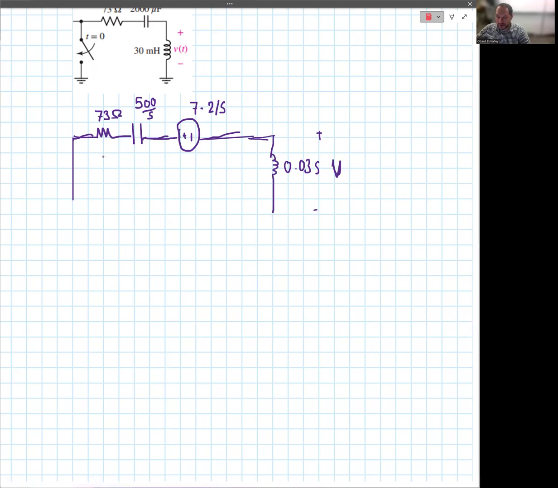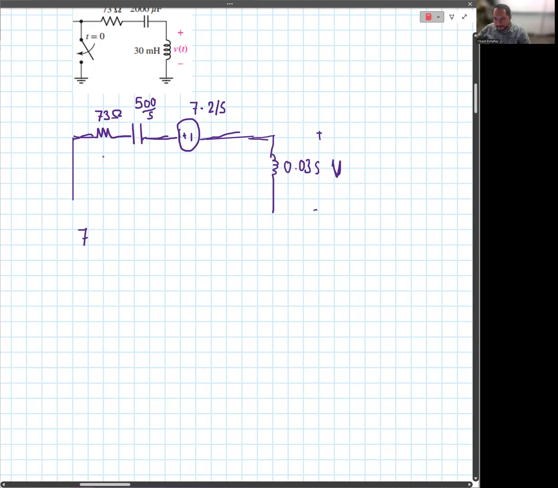Let's write the equivalent KVL. So 73 times I(S) plus 500 over S times I(S) plus 7.2 over S plus 0.03 S times I(S).